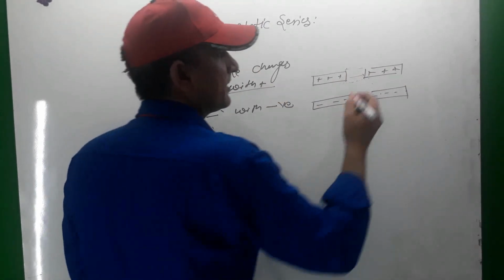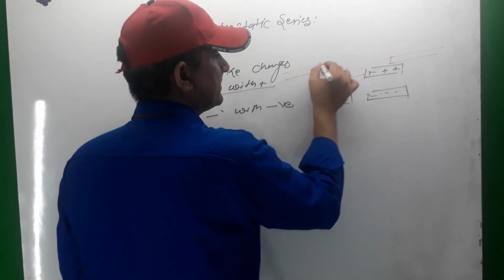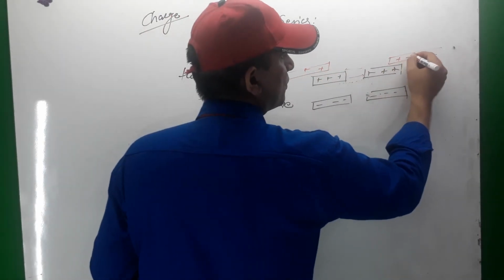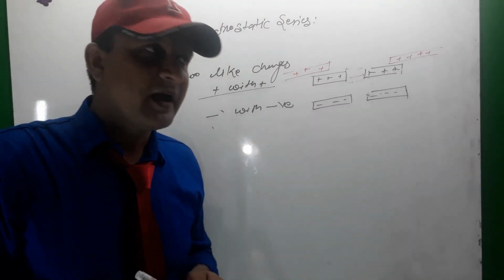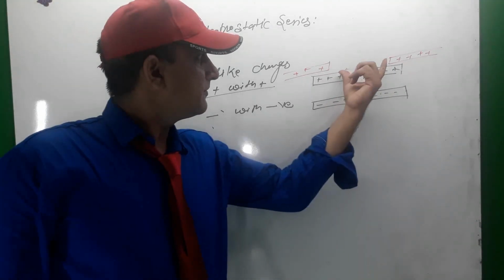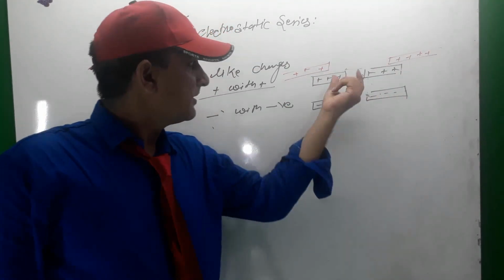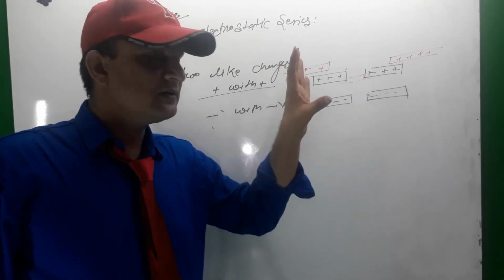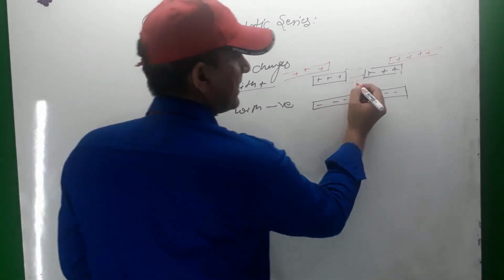What will the result be? These bodies will go far away from each other, and there will be a difference between their initial and final positions. In the beginning, what was the distance? Let's say it was x.